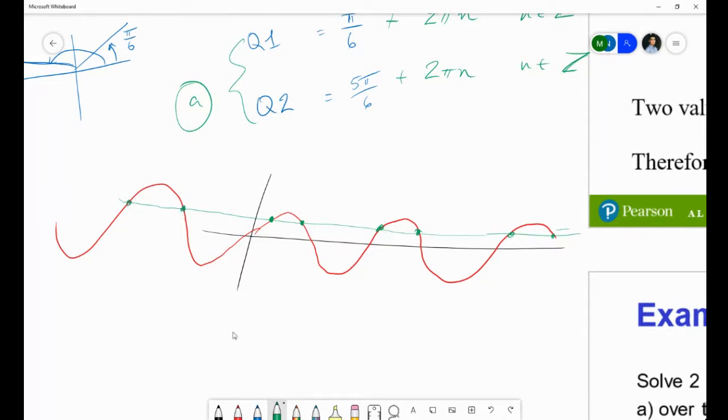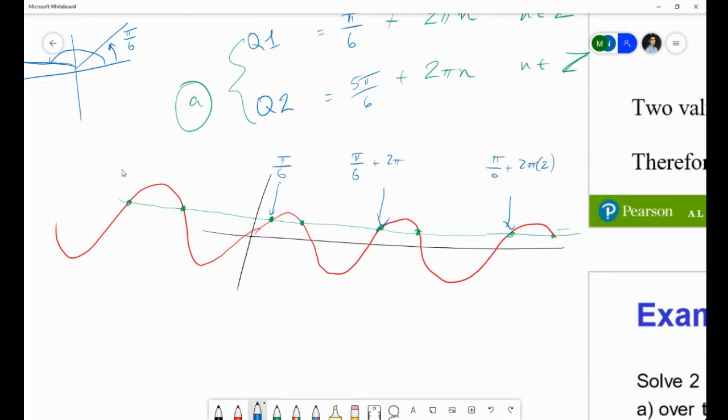Okay, so the first one was pi over 6. Now if I add 2 pi, I'm going to get this one right here. If I add 2 pi times 2, I'm going to get this one over here. So this one is pi over 6 plus 2 pi, pi over 6 plus 2 pi times 2, and so forth.